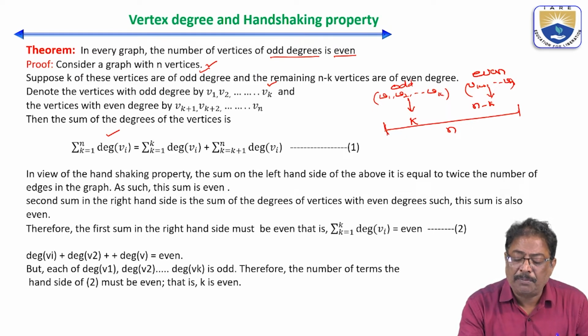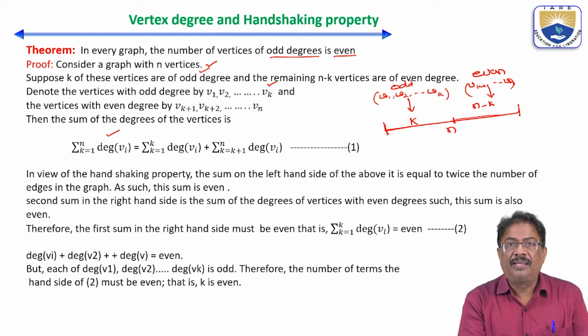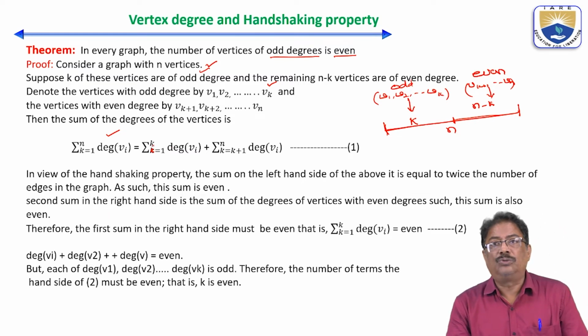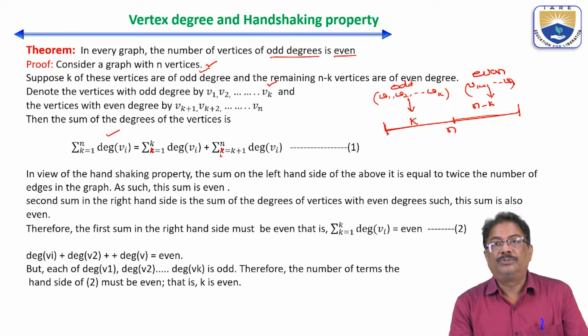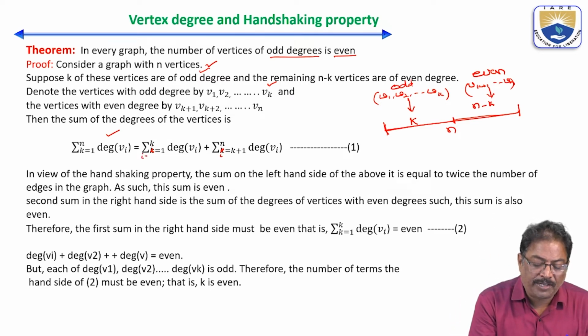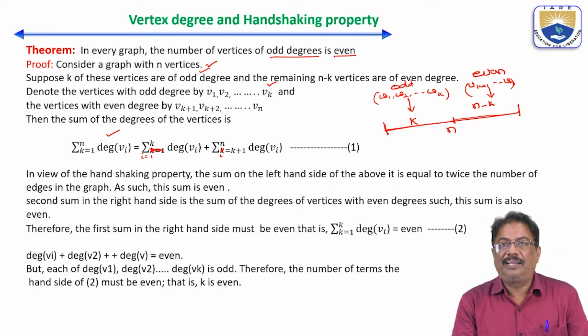I am going to split this into two parts: the sum for i equals 1 to k of degree of Vi, and the sum for i equals k plus 1 to n of degree of Vi.